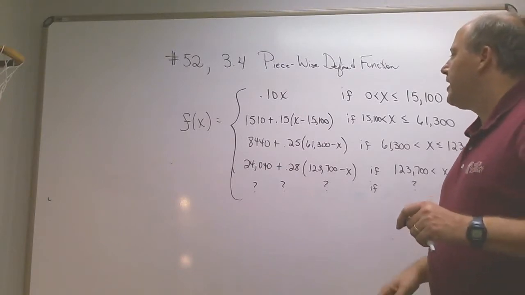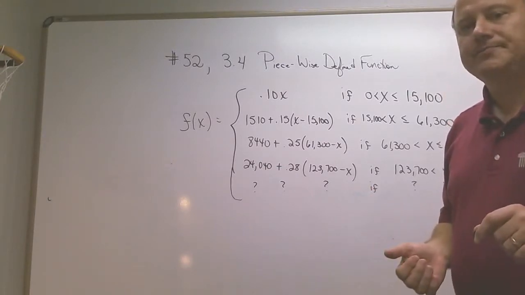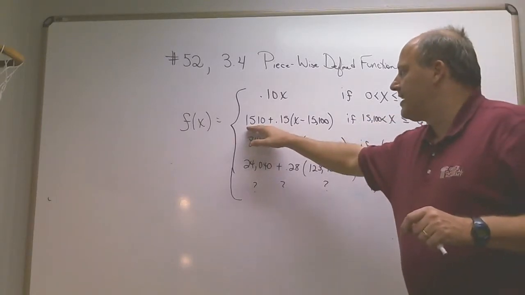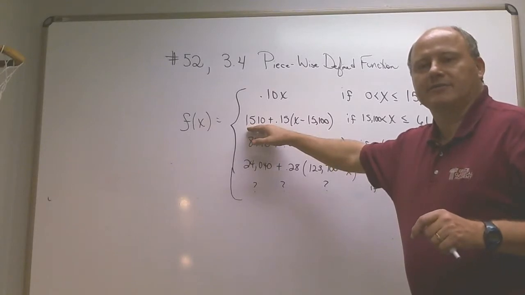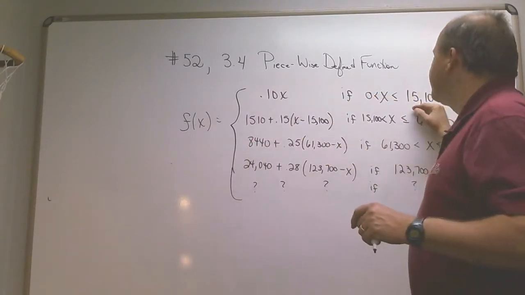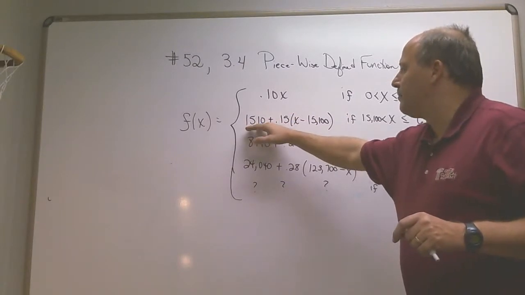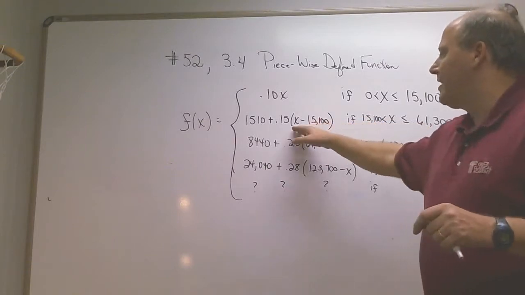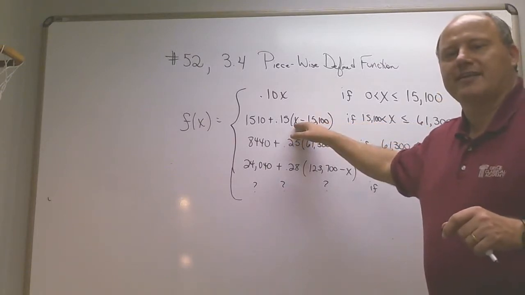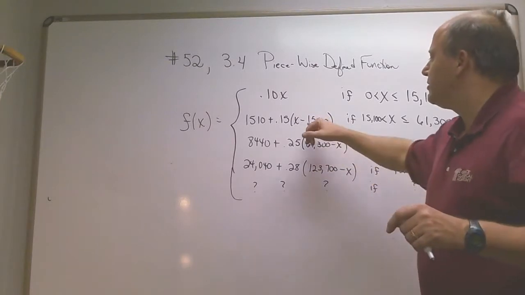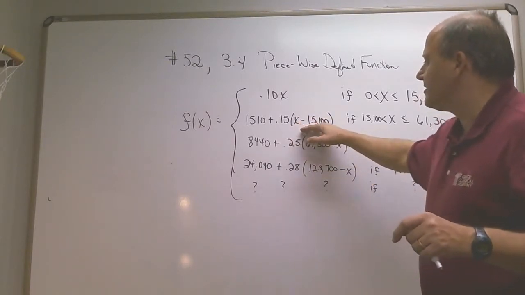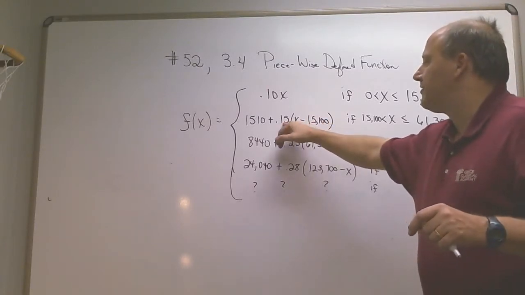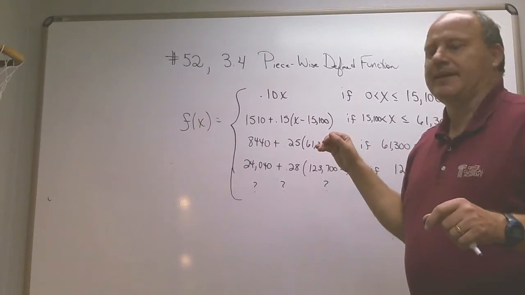For example, if you made $20,000, on that first $15,100 you're charged a tax of $1,510, which is really 10% of it, plus the excess. So if you made $20,000, you made $4,900 in excess of that. You put the $20,000 in here, and that extra $4,900 you'll be charged at a 15% rate, and then add that to $1,510.